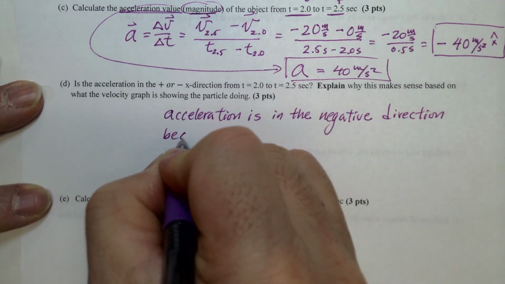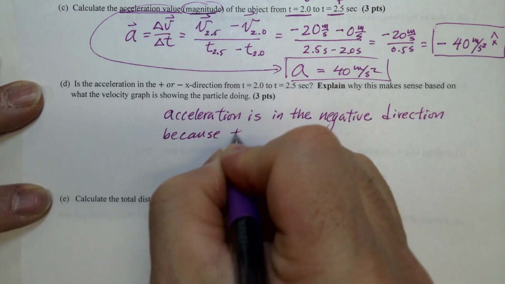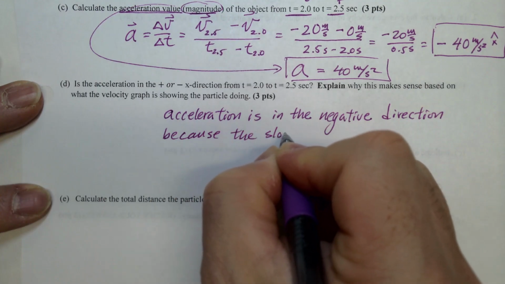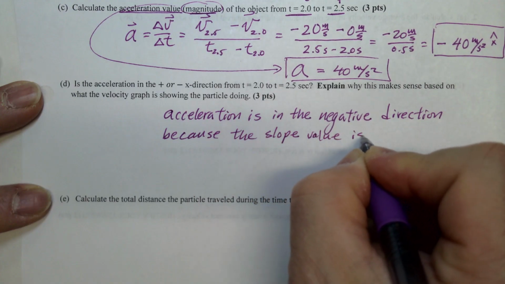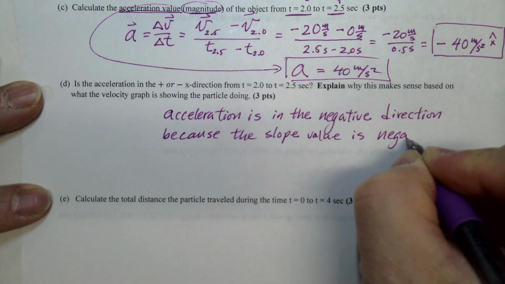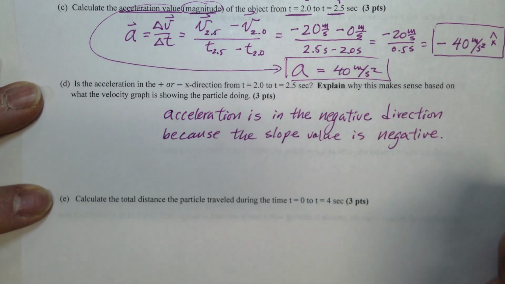Because the slope value is negative, right?